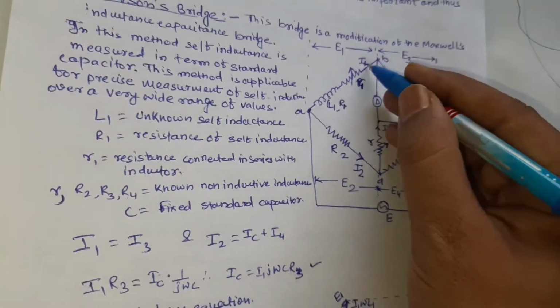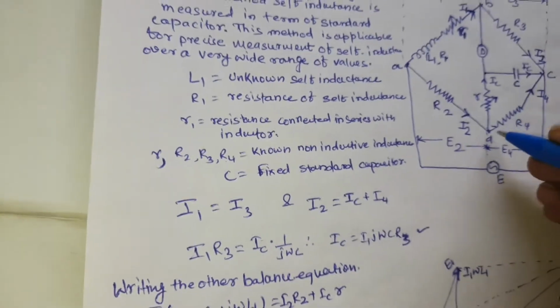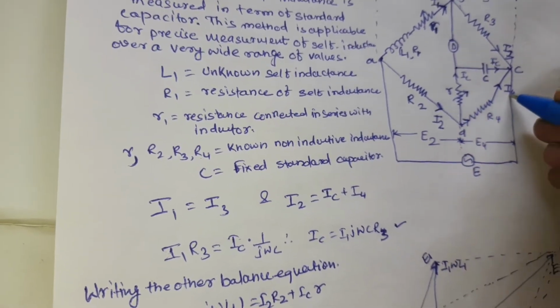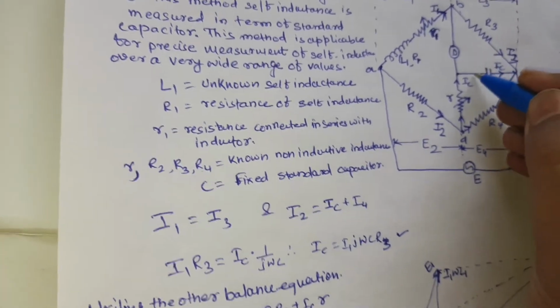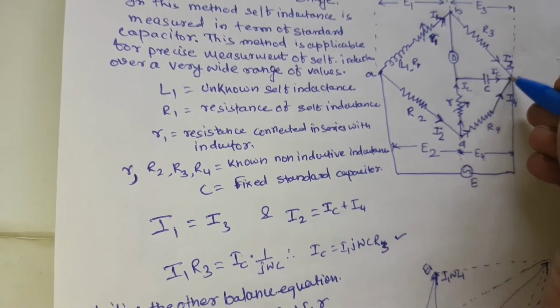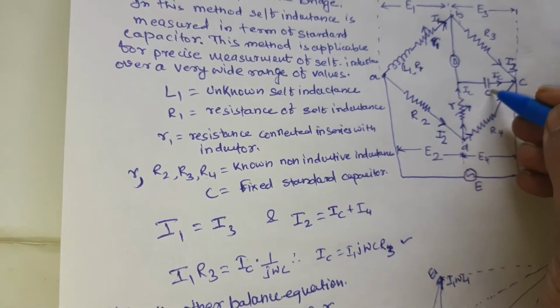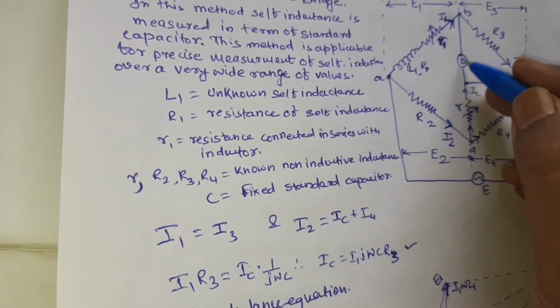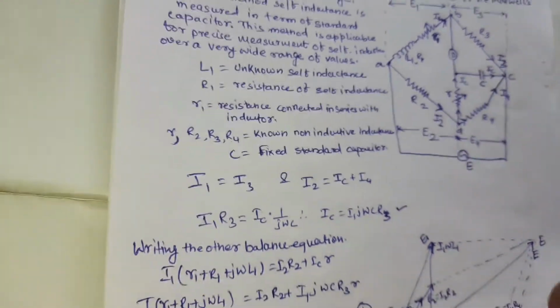And again, the I2 current, that means the branch 2 current, is divided into two parts, I4 and IC, and the IC current is passed through the resistance and then the capacitor, not through the galvanometer, because at balance condition the galvanometer has zero current.